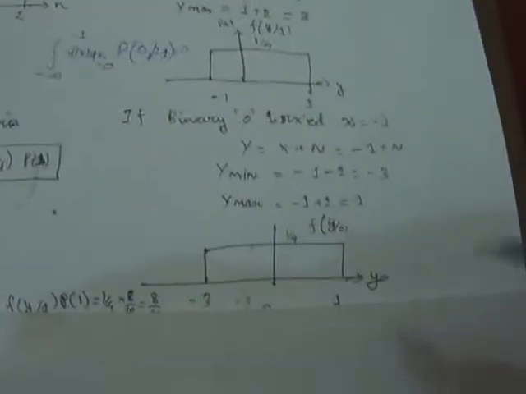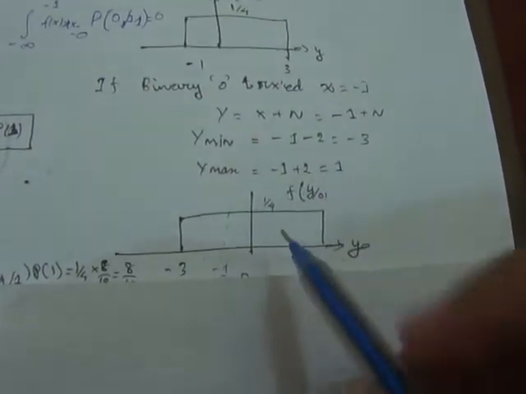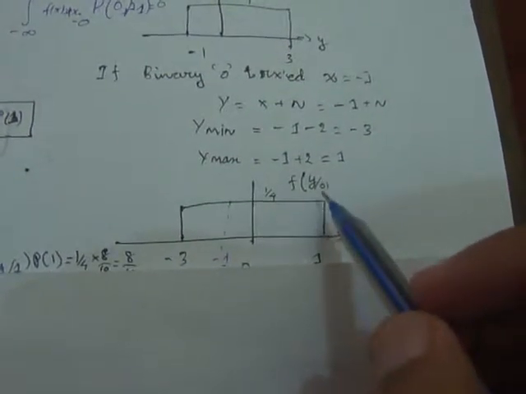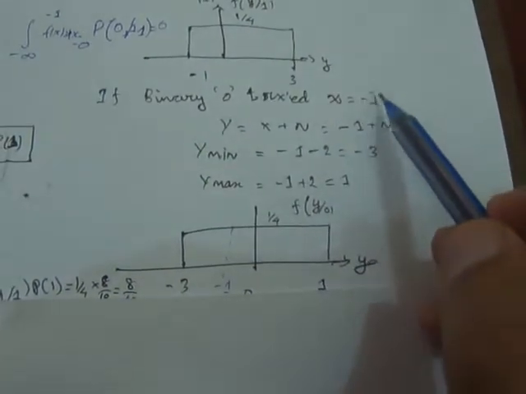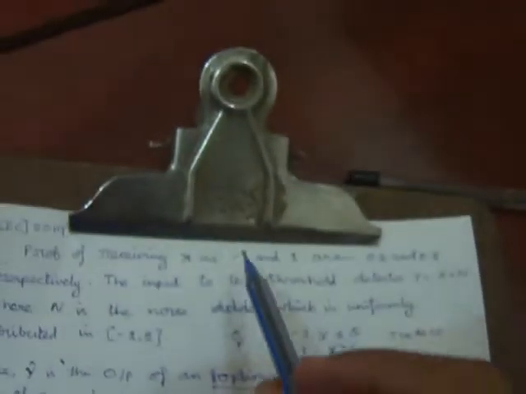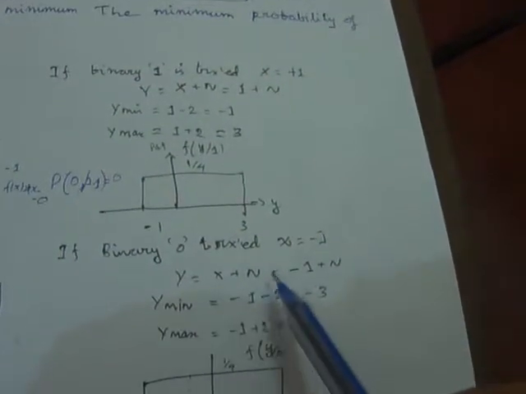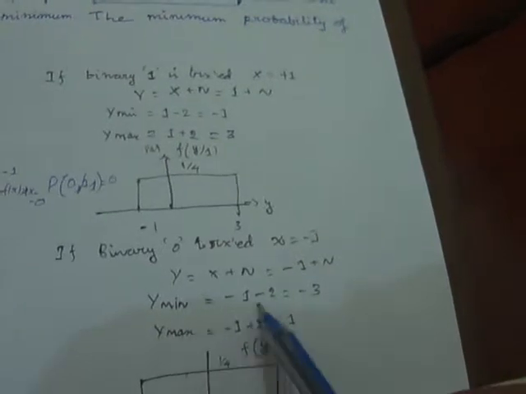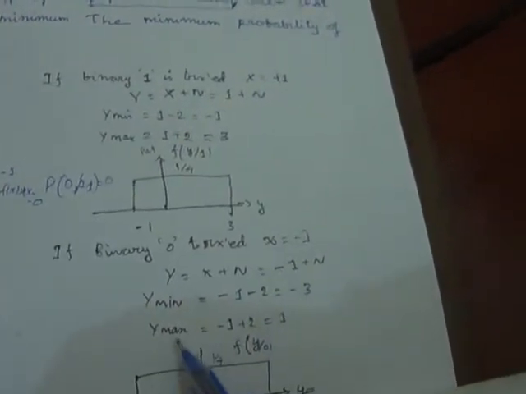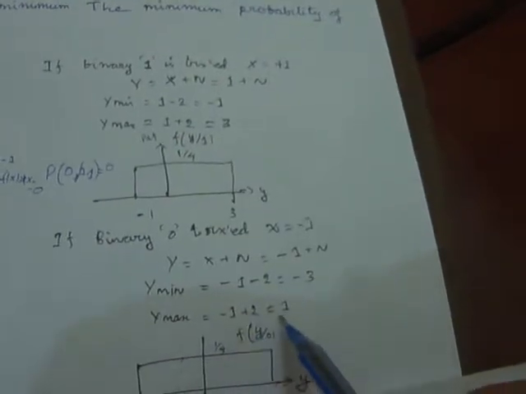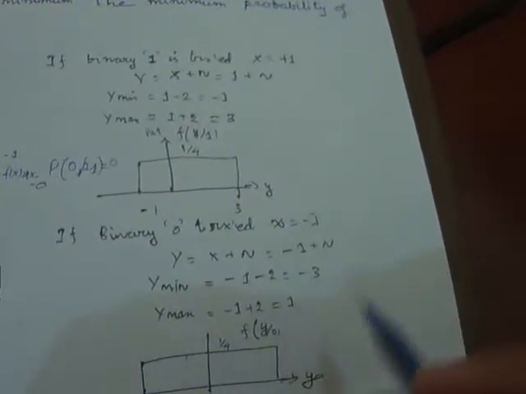Similarly, we calculate the PDF when 0 is transmitted. If binary 0 is transmitted, x equal to minus 1, as given here. Substituting that in the equation y equal to x plus n, y minimum will become minus 1 minus 2, equal to minus 3, and y maximum equal to minus 1 plus 2, equal to 1.